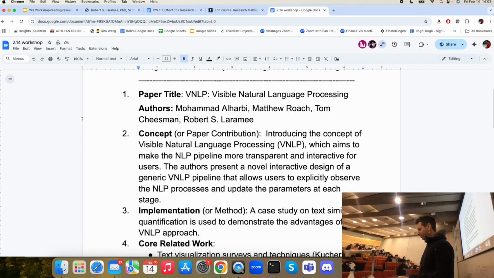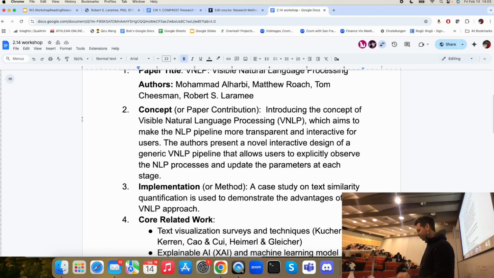Okay, paper title, Visible Natural Language Processing. I remember that one. He also wrote a novel, interactive, sound generic. Yes, this is a good summary of the concept. And I think, if I remember correctly, this paper uses the language like introducing the concept of.